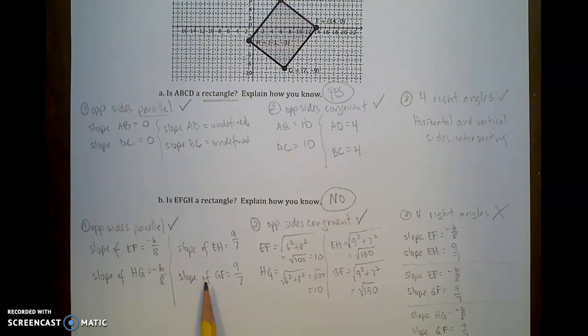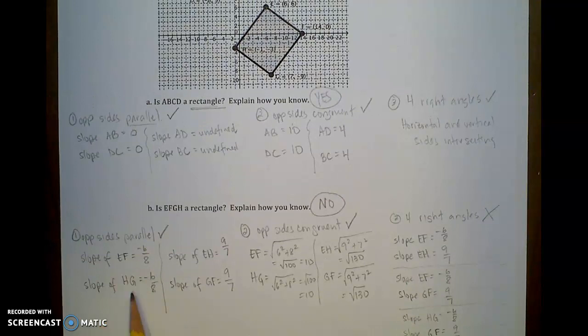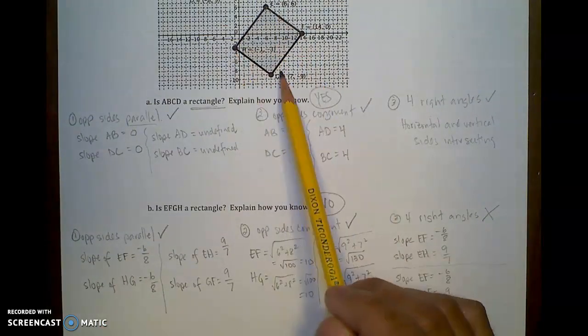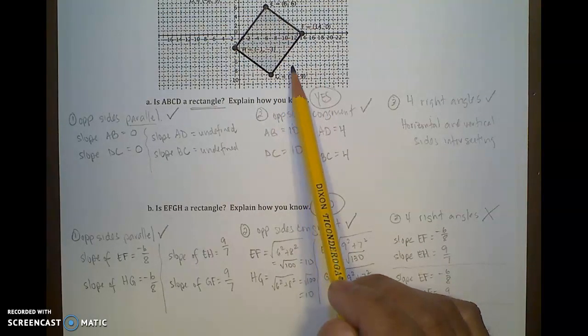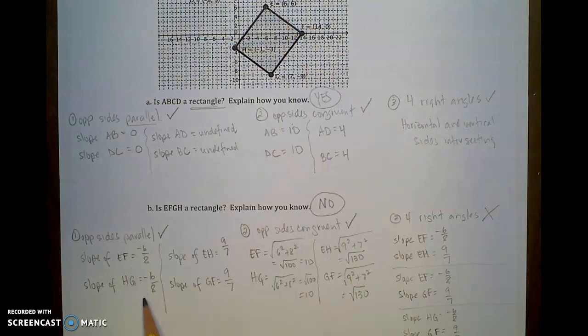Okay, so again, when we look at part B, opposite sides parallel. I am looking at side EF and side HG, and I'm finding the slopes of those 2 sides. Rise over run, they have the same slope, so they're parallel.